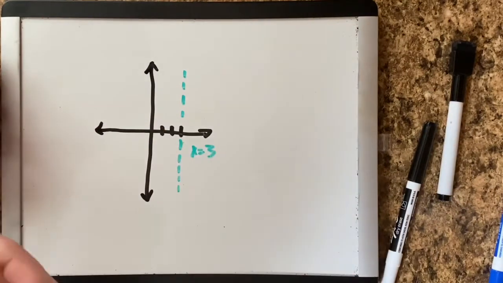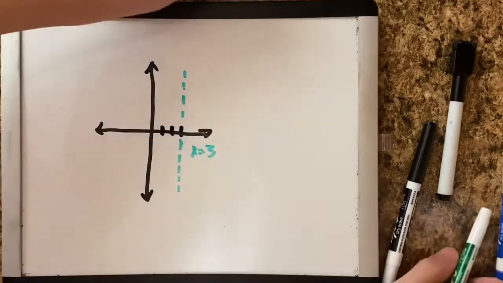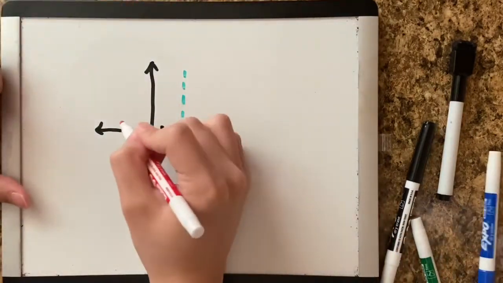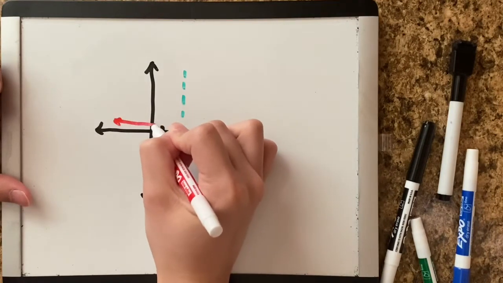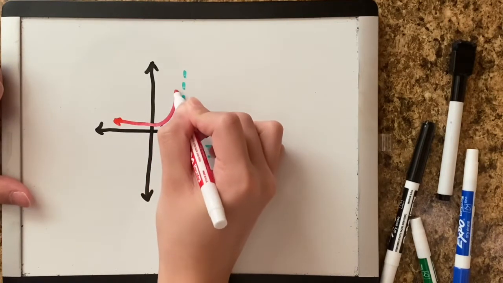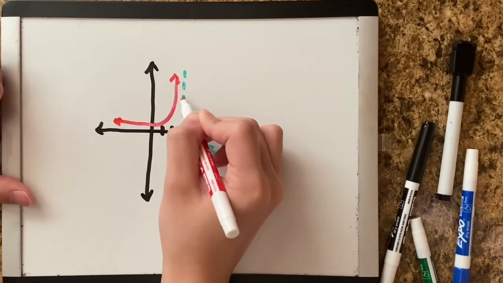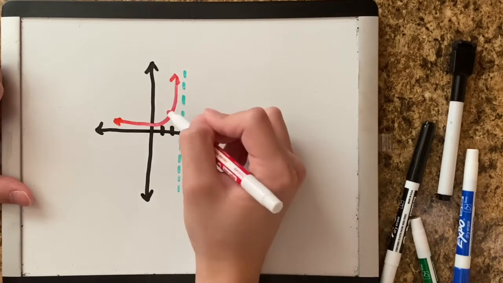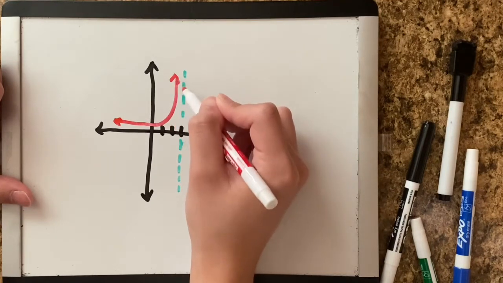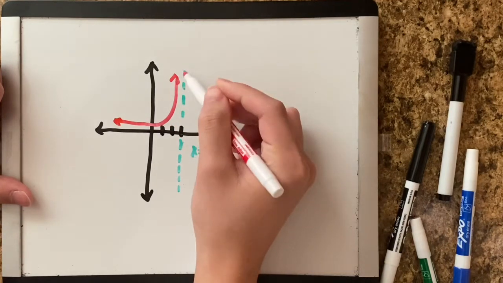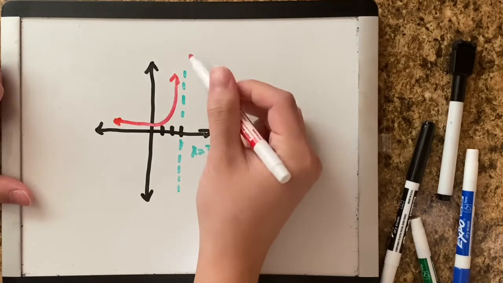So an asymptote is a straight line that a curve approaches as it heads towards infinity. Notice that the curve does not touch the line, but rather the curve is creeping closer and closer towards this vertical asymptote, to infinity.